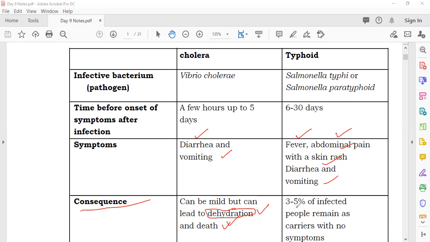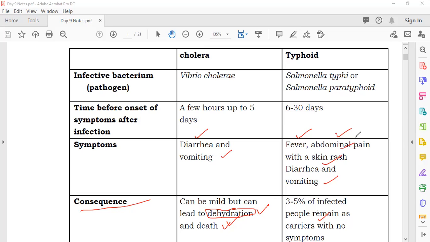And they're saying that 3 to 5% of infected people remain as carriers with no symptoms. Sometimes you'll find that people are just carriers, they are just spreading it, but you will not see any symptoms on them.